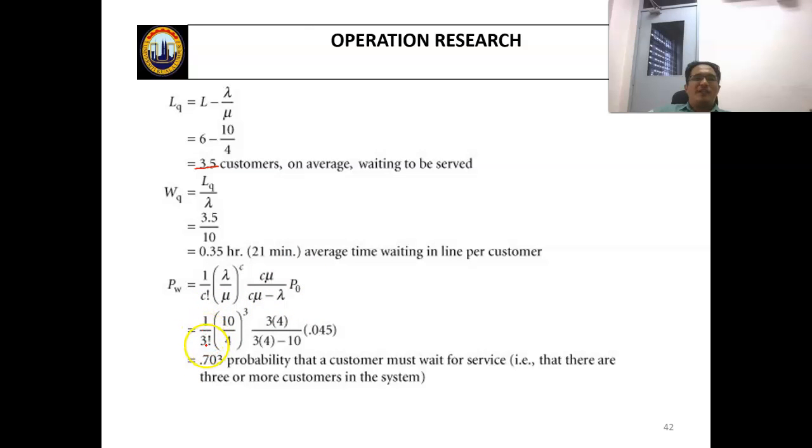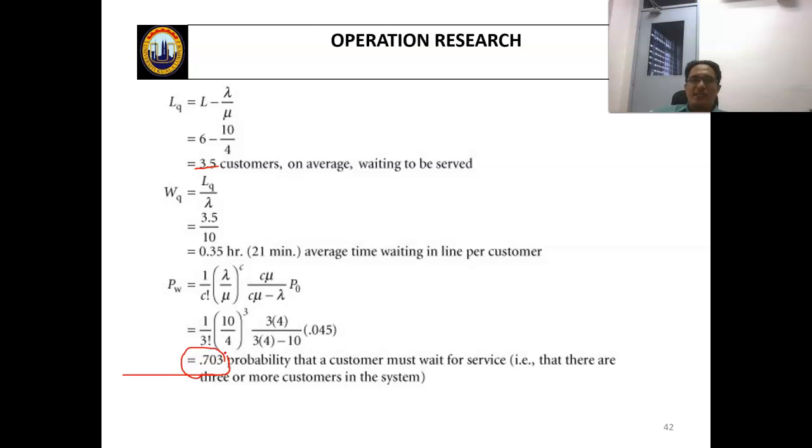So 1 over 3 factorial times 10 over 4 to the power of 3 times 3 times 4 over 3 times 4 minus 10 times 0.045, what we get is P0. So the probability that a customer must wait for service, that means the three counters are full, is 0.703. Okay, so this is for the multiple server.